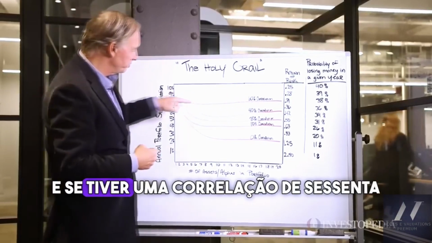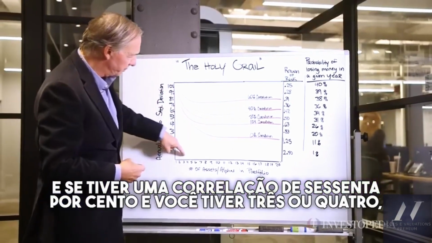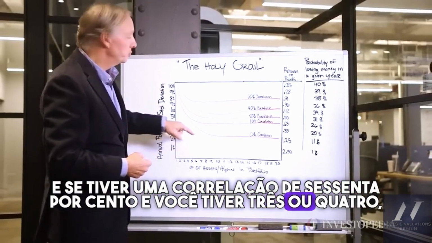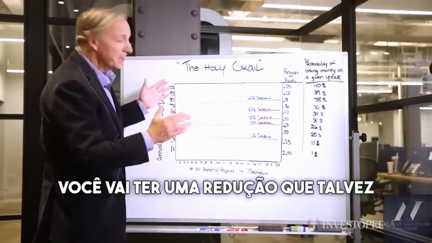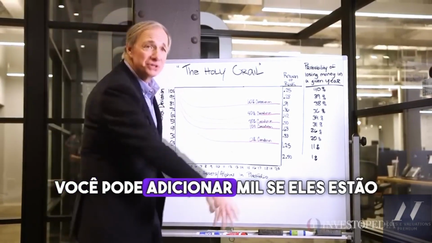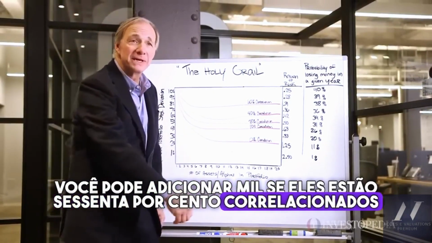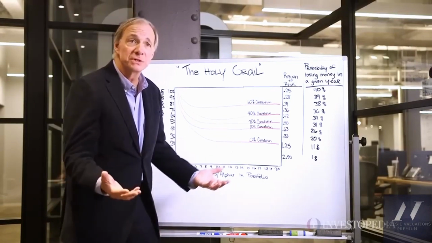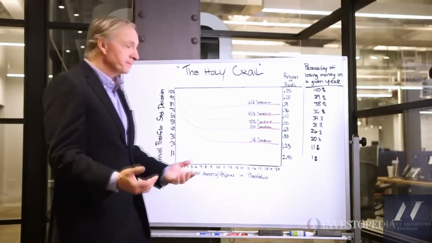If it has a 60% correlation and you have 3 or 4, you will get a reduction of maybe about 15%. And you could add in 1,000 if they're 60% correlated, and you're not going to reduce your risk much. That's important.